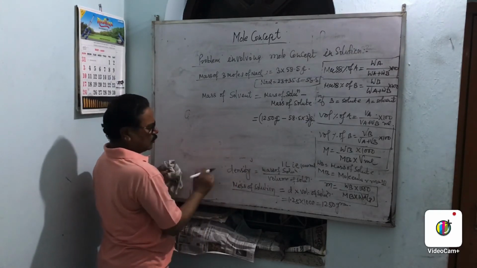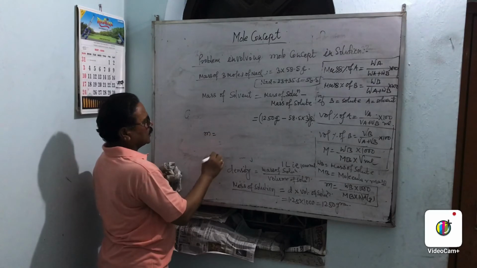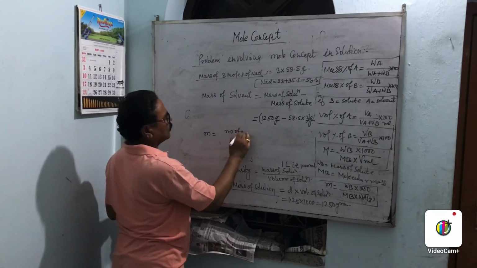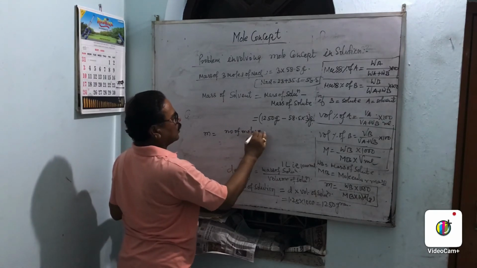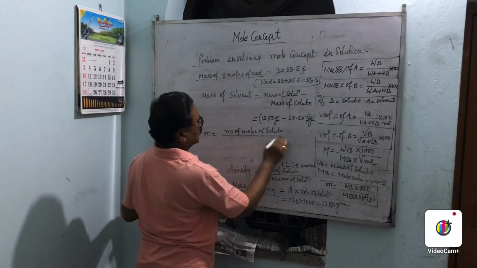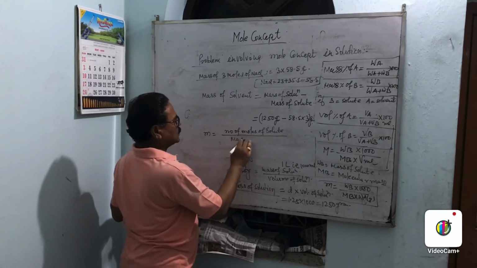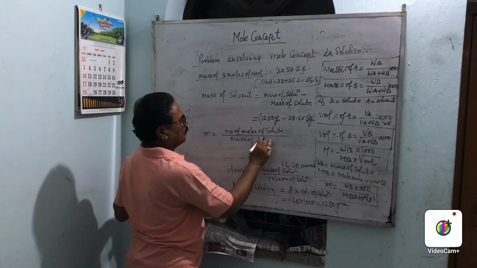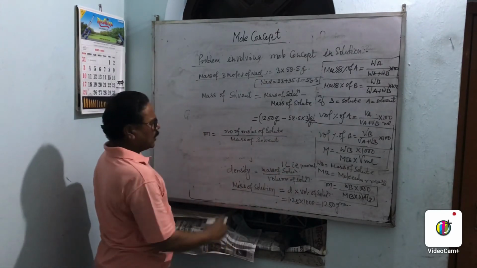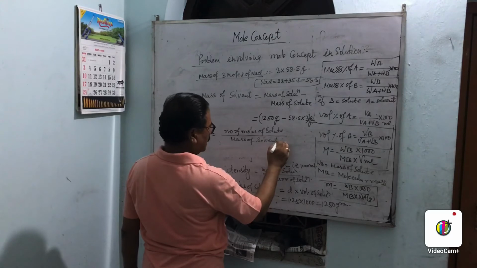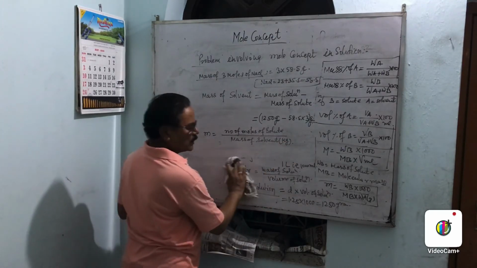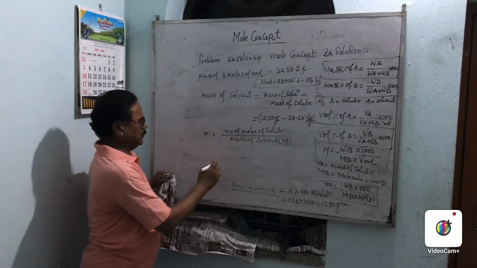Now we have the formula for molality, that is number of moles of solute per kg of solvent. This mass of solvent is in gram. If we take it in gram, then what will we do?